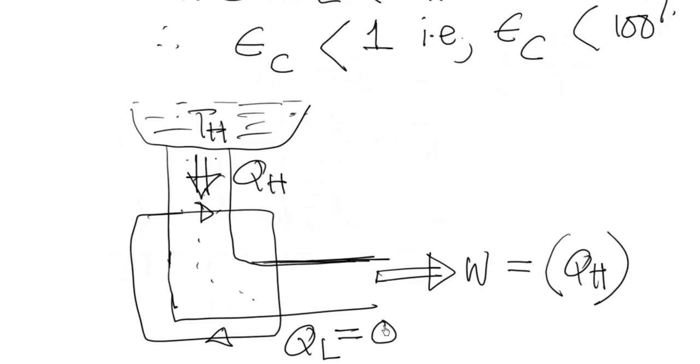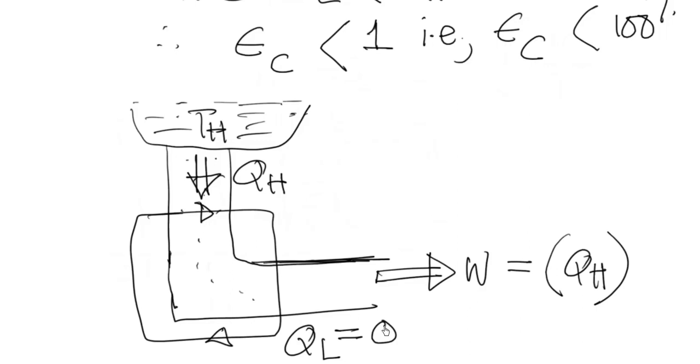So the inventor's dream is to produce the perfect engine that I have shown here, in which Q_L is reduced to zero and Q_H is converted completely into work. Such an engine on an ocean liner, for example, could extract energy as heat from the water and use it to drive the propellers with no fuel cost. An automobile fitted with such an engine could extract energy as heat from the surrounding air and use it to drive the car, again with no fuel cost. Alas, a perfect engine is only a dream.